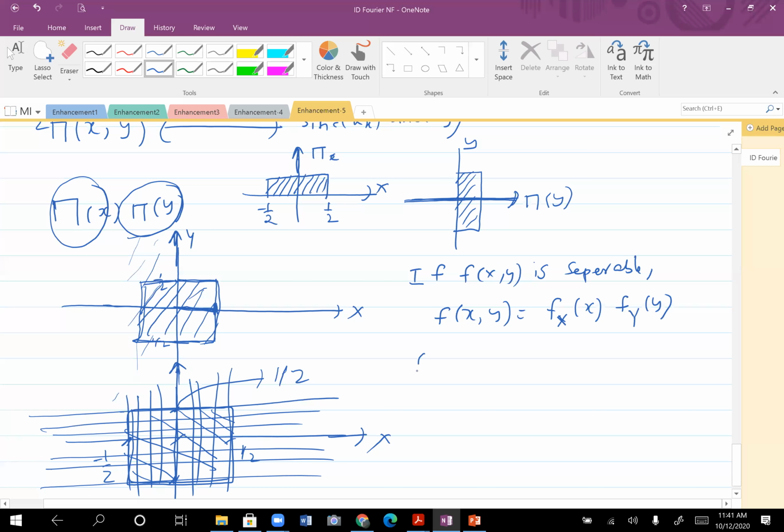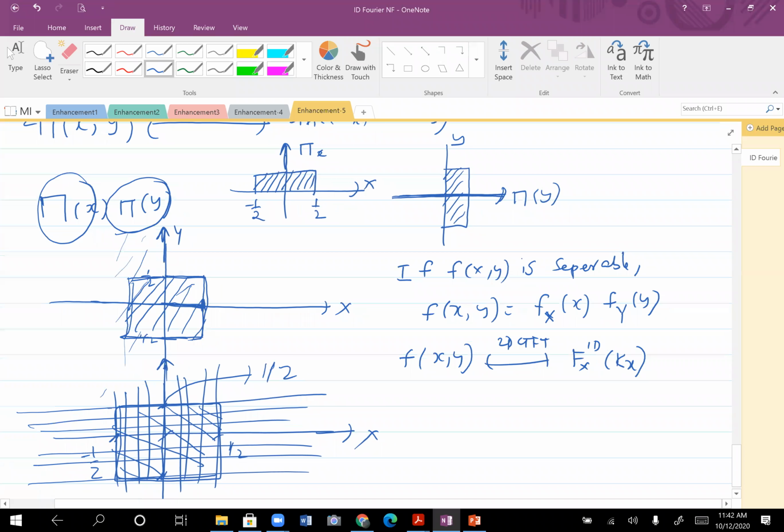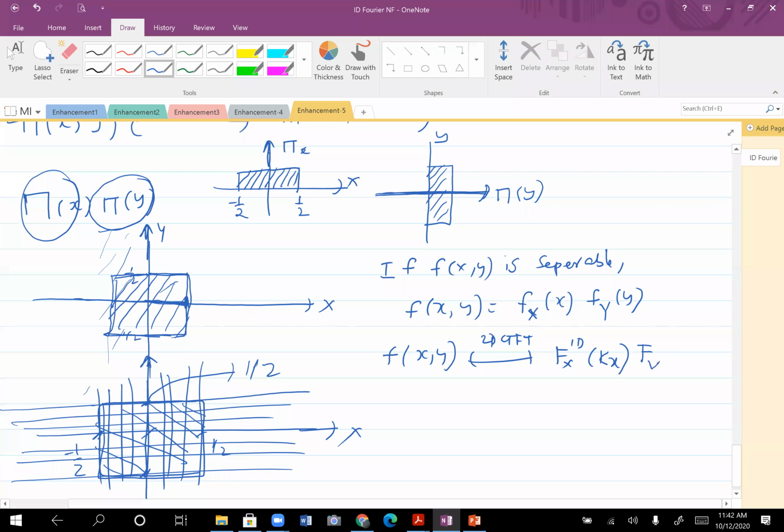In that case, the two-dimensional CTFT of f of xy would be equal to the one-dimensional Fourier transform of this, multiplied with the one-dimensional Fourier transform of this, in ky.